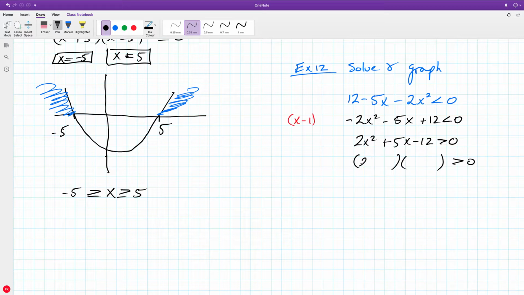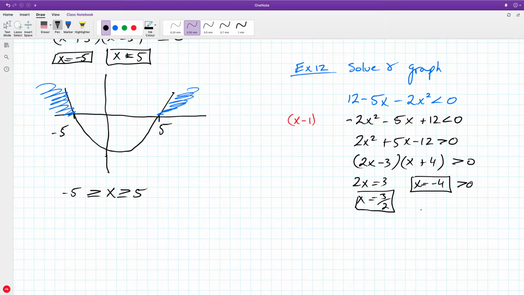So that's 2x and x. To get 5x, 4 and 3 or 6 and 2. 4 twos are 8, yeah. Plus 4 minus 3: 2x squared plus 8x minus 3x minus 12, yeah. 2x equal to 3, x is equal to 3 over 2, x is equal to minus 4.